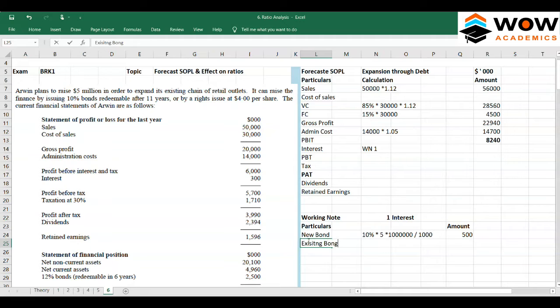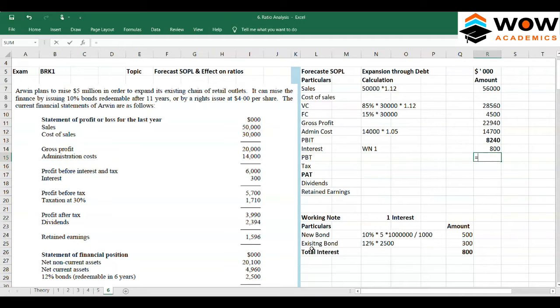The existing bond is a 12% bond, which we don't need to convert into thousands because it is already converted. So this is the total interest, which comes to 800.